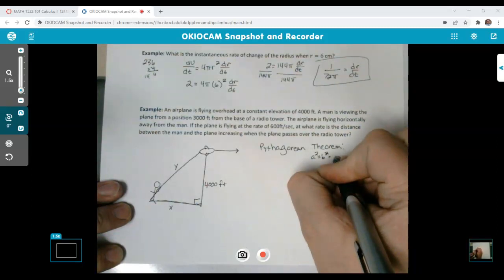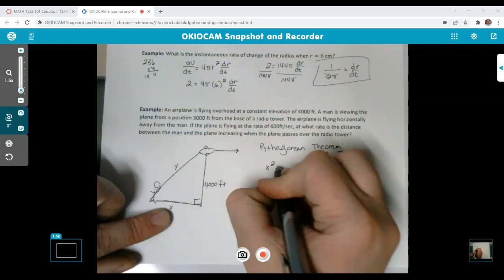So in this case, I have x squared plus, this is a constant, 4,000, it's always that height, is equal to y squared. 4,000 squared is 16 with 6 zeros.